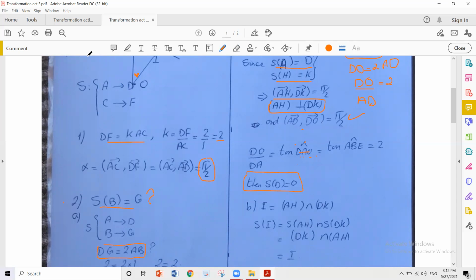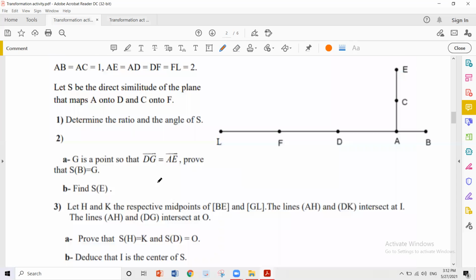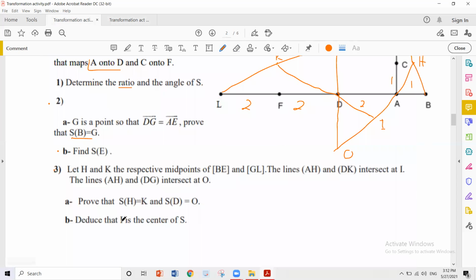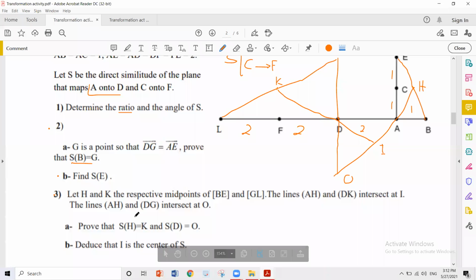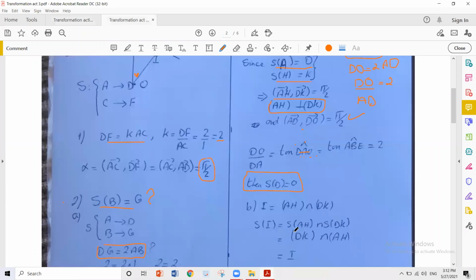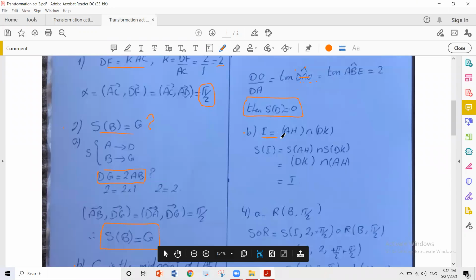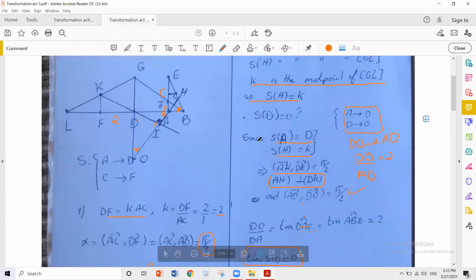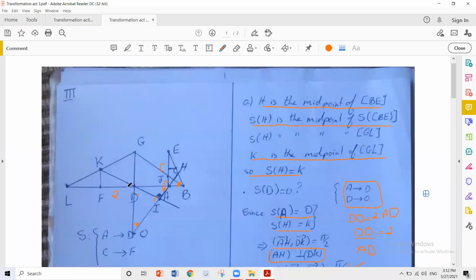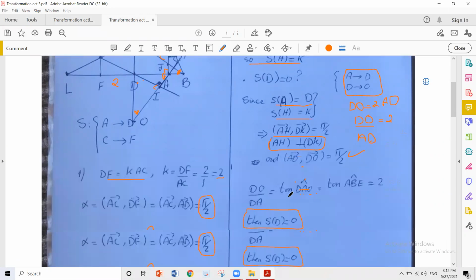So verify that now. Verify that I is the center. How to show I is the center? I is the intersection point between which lines? I equals AH intersection DK, and I proved these lines are perpendicular.